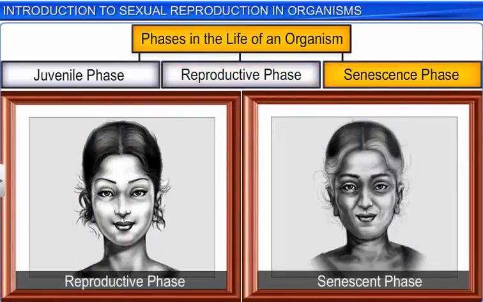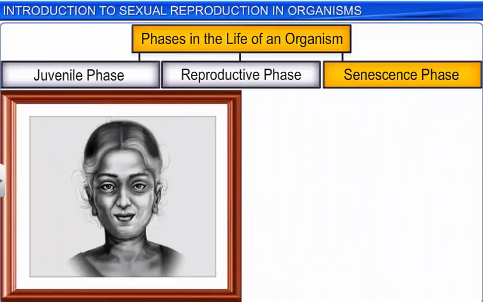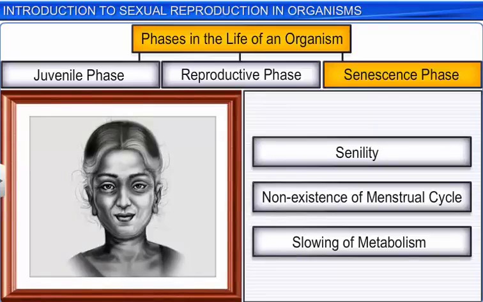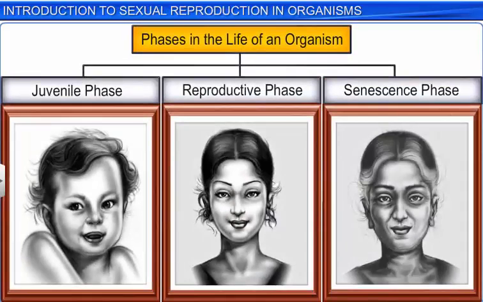The end of the reproductive phase in living organisms coincides with the beginning of the senescent phase, during which we see changes such as senility, non-existence of the menstrual or estrous cycle, and slowing of metabolism. Senescence ultimately leads to death. Interestingly, the transition between the three stages is controlled by hormones as well as environmental factors.